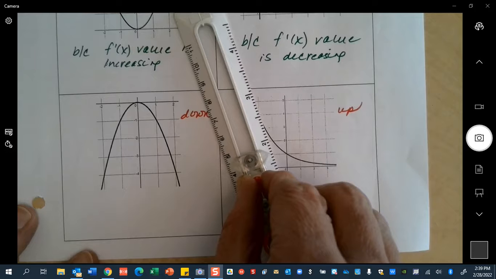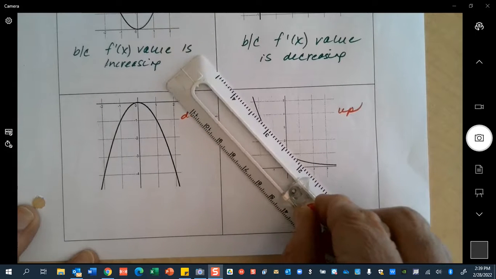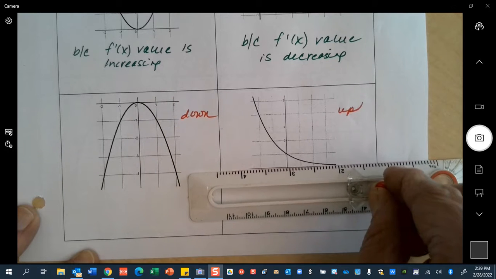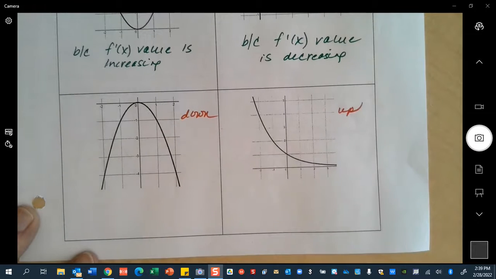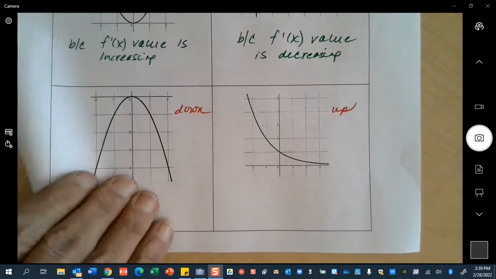My graph starts off with a negative slope, and it levels out so that it's less negative, approaching 0. So my graph value is increasing, therefore this is up like a cup. Sound okay? Are we good?